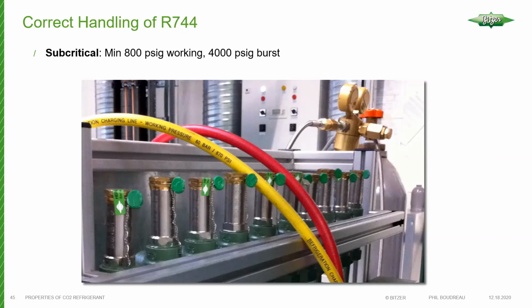So, as a starting point or suggestion, for subcritical type applications, minimum working pressure, if you go for hoses that are 800 PSI working and 4000 PSI burst, and then on the transcritical side, minimum 3000 PSI working and 12,000 PSI burst, then you've got a set of safe hoses.